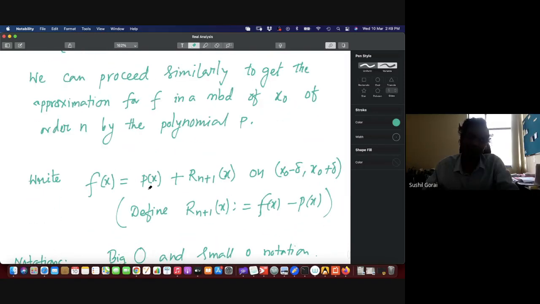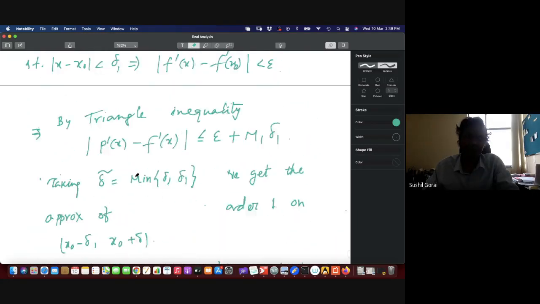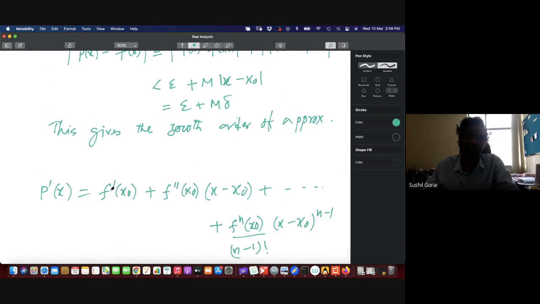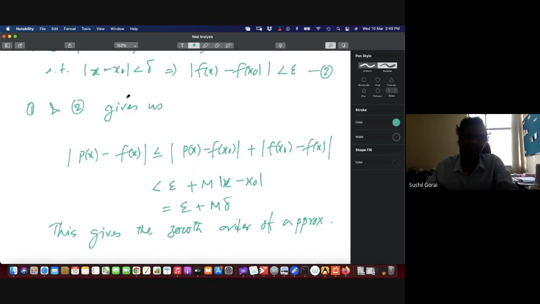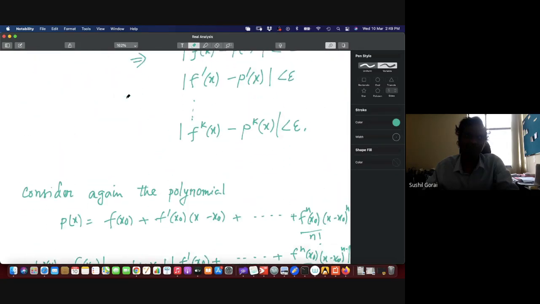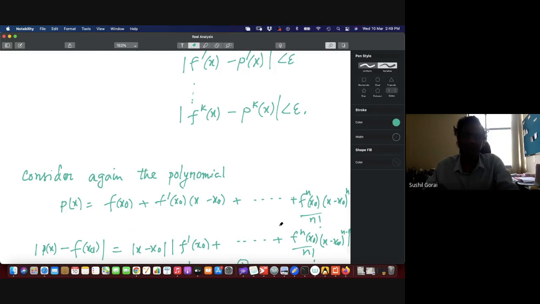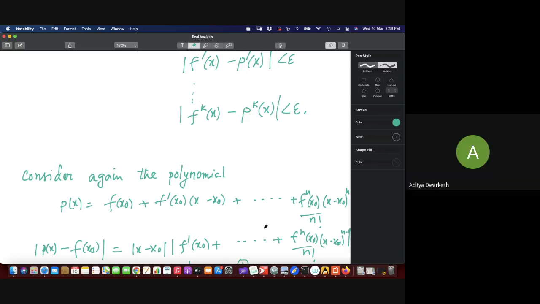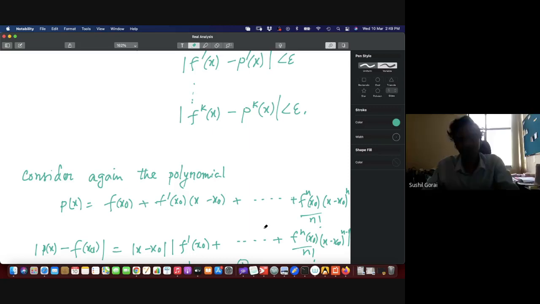So here p(x) is given like this. If you add some other higher power of x minus x naught to it, that also will approximate. But if we fix the order up to which we want to approximate the function, if you add a higher order term, it will definitely still approximate up to lower order.